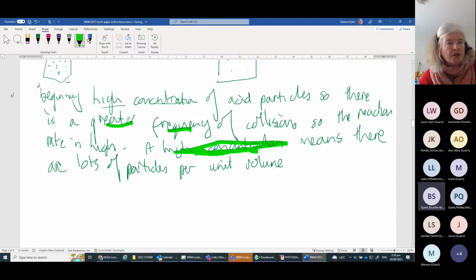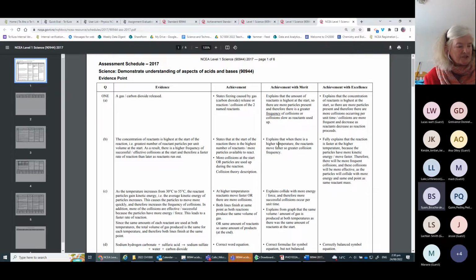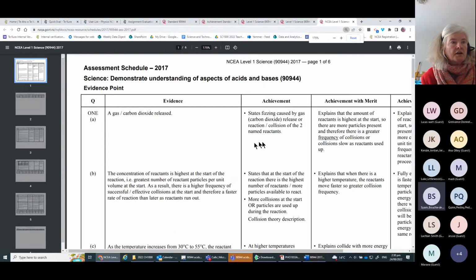If you now look at the assessment schedule, this is a bit small, I'll try and make it bigger. Okay, can you see you've got in the beginning a high concentration, and they've explained the concentration, what it is? The greatest number of reactant particles per unit volume. So they've explained that.